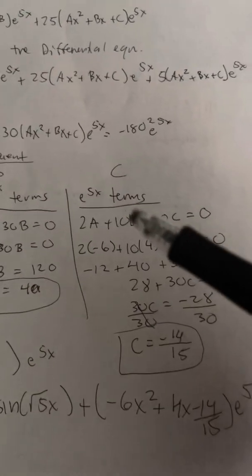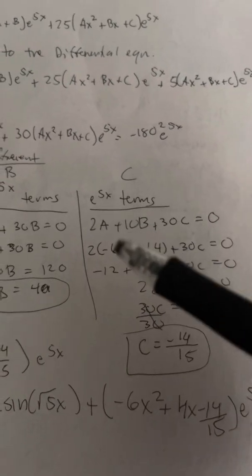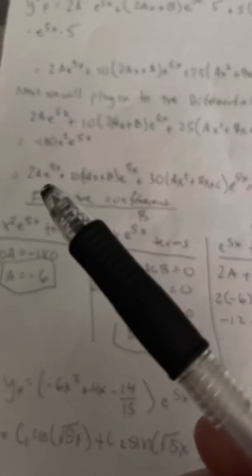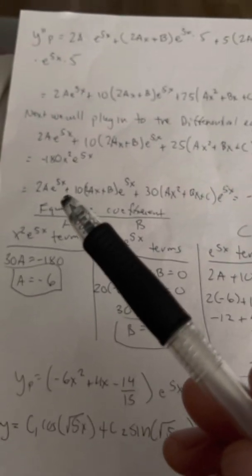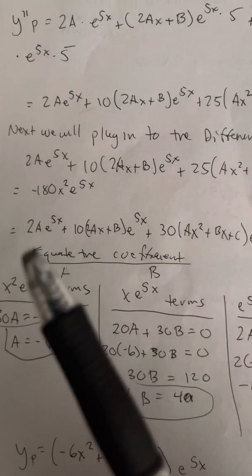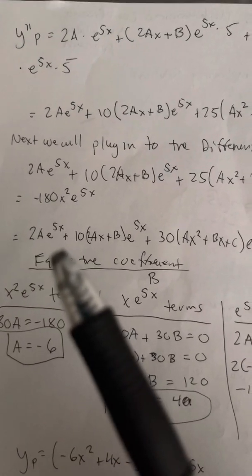Lastly, we'll find the third term, e to the 5x. For this one, we have a couple. If you look right up here, we have a term right over there, 2a.